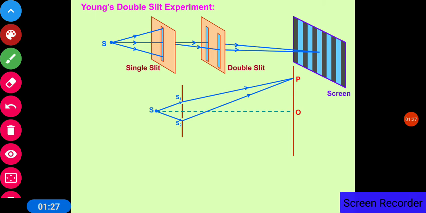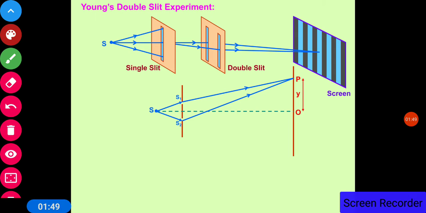Now our problem is to find at which position of the point P we obtain a bright fringe, and at which position we obtain a dark fringe.